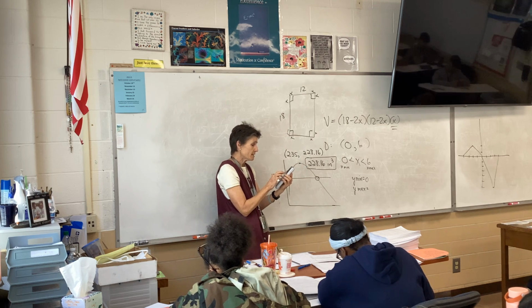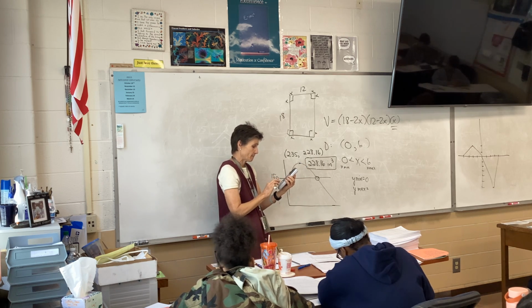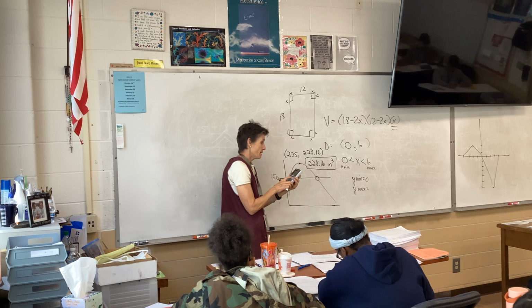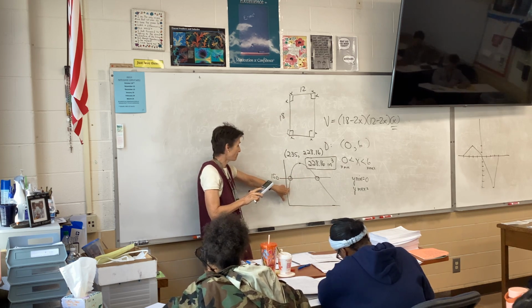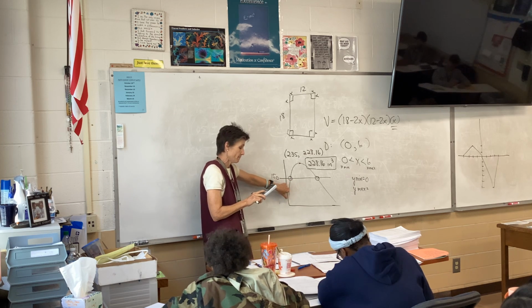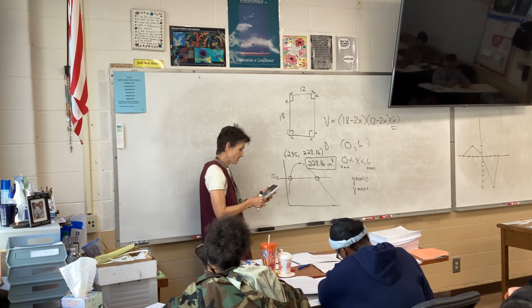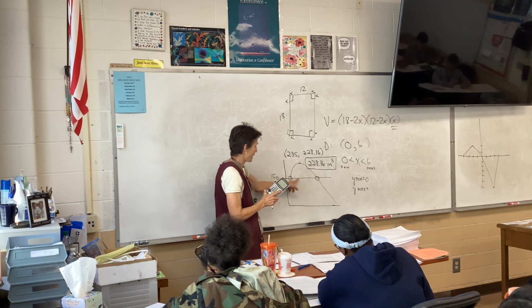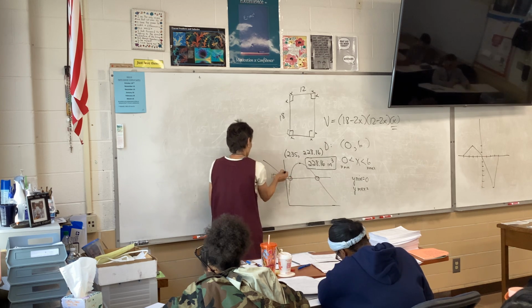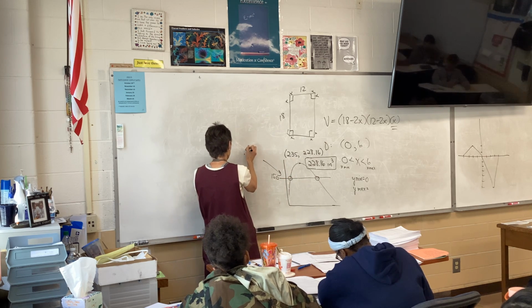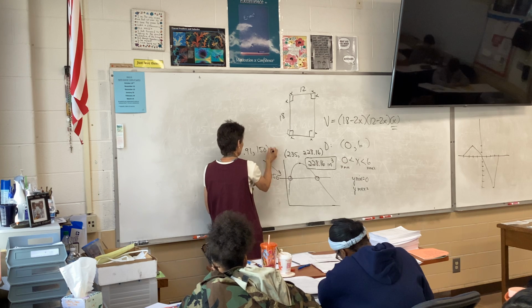So second calc intersect. Set the cursor down here somewhere, so on the left side of this point, press enter. Now it's on the line, so press it over here. And I got that point to be 0.91, comma 150.